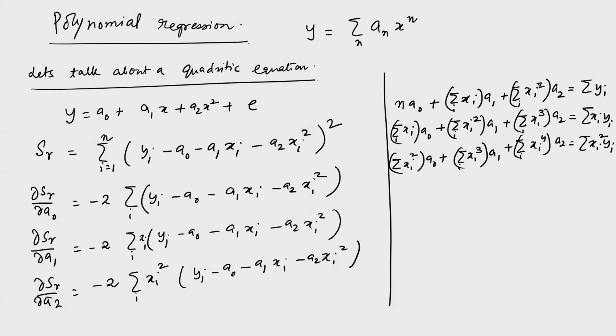Okay. So, these are simple, you can easily figure out these equations. These are again three equations with three unknowns, and usually we do not try to solve it by the elimination method, or rather the substitution method.